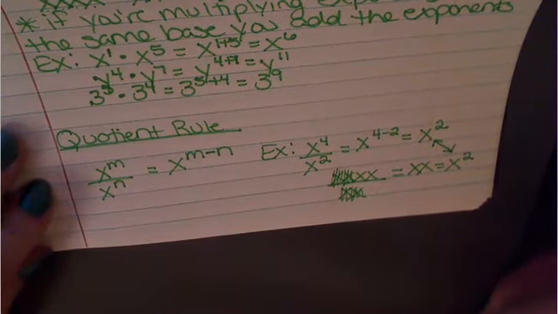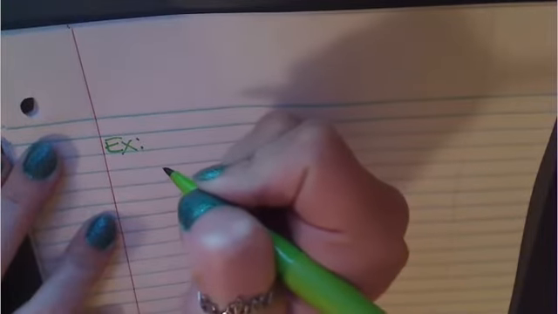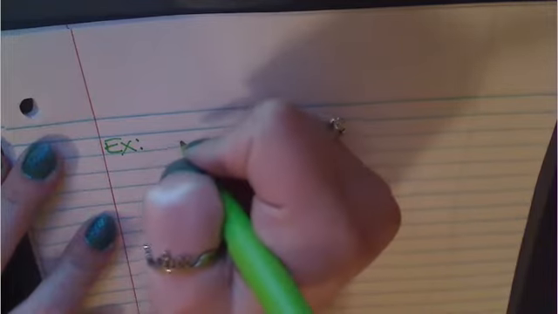So let's do another example. We have x to the 5th over x to the 9th.